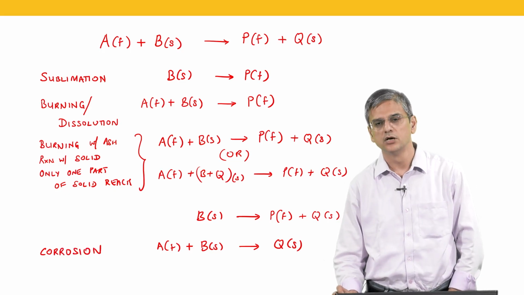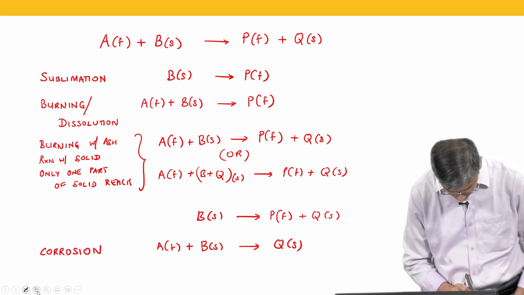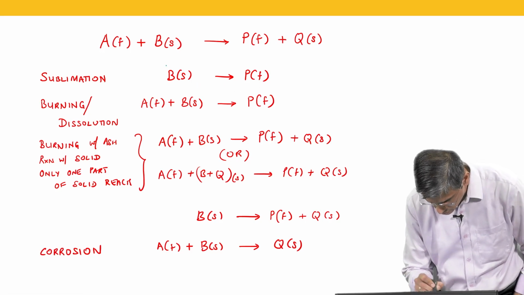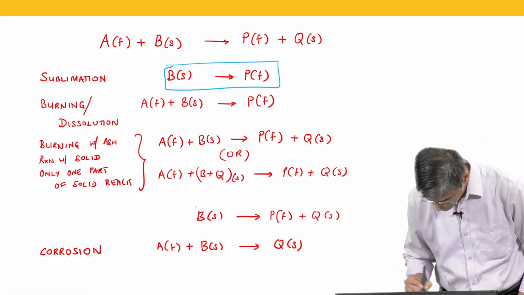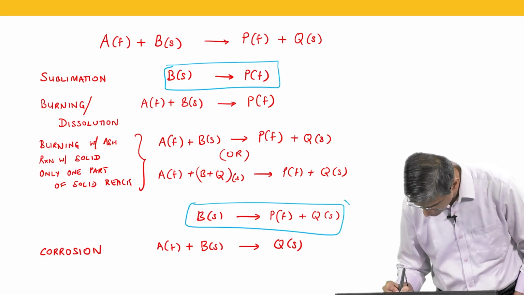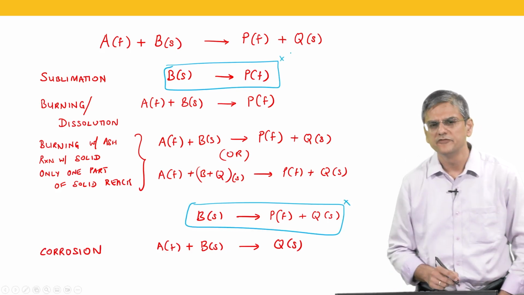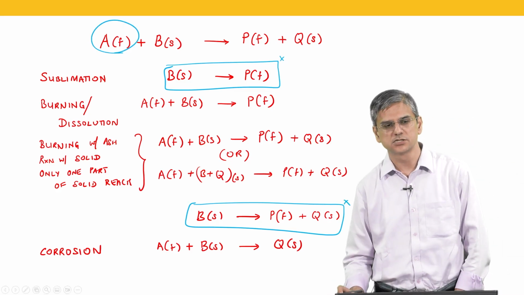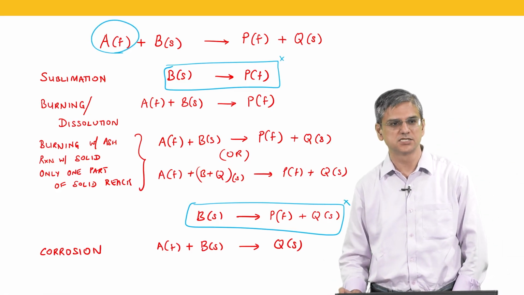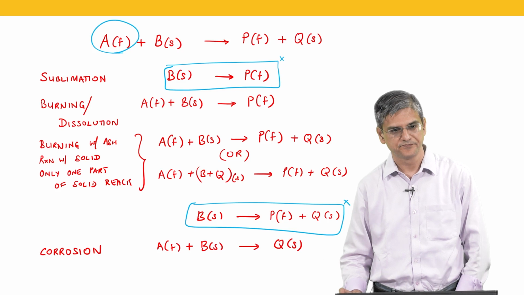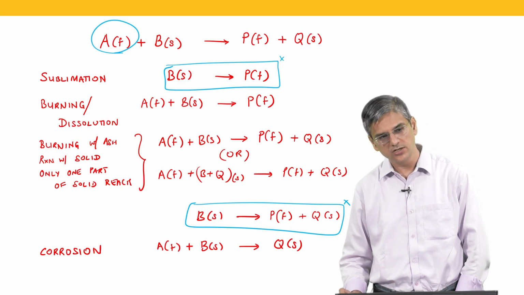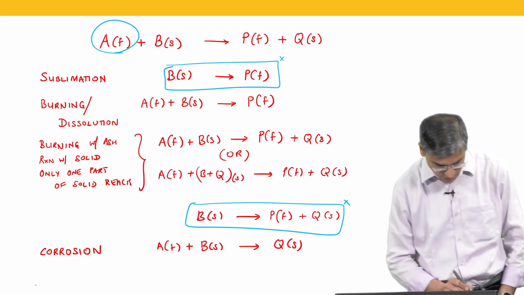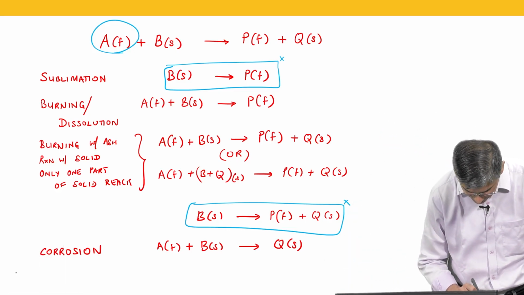So far we have not talked about these cases. We have only been dealing with what happens when there is fluid that is diffusing and reacting. Now we are going to talk about solid as well. So in this lecture we will start talking about solid as well.